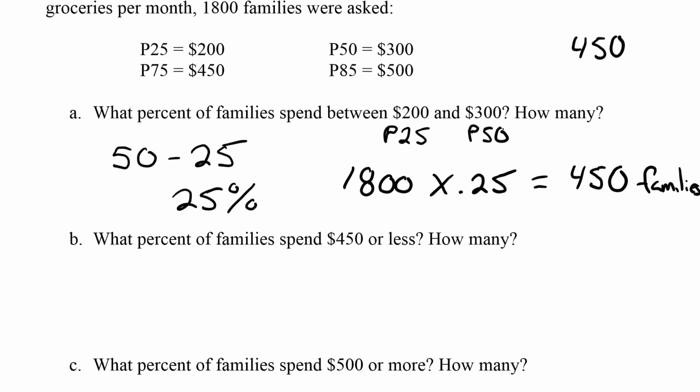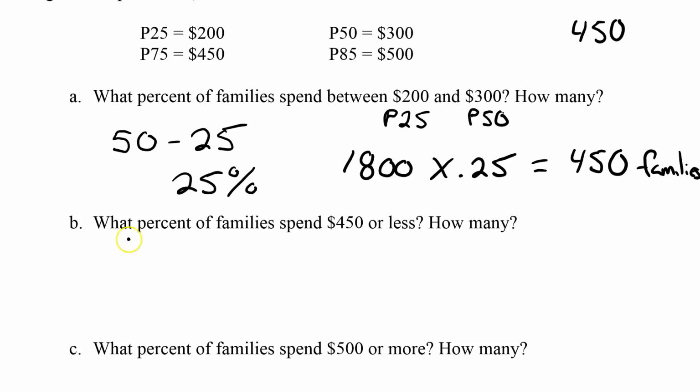So let's look at question number B. What percent of families spend 450 or less? And again, how many? So same process, let's get our p-values. 450, well that's p of 75. Now my next number is "or less." Well, here's one thing you have to remember: "or less" means all the way down to nothing.